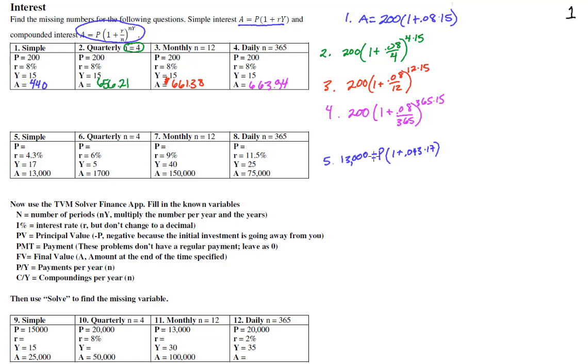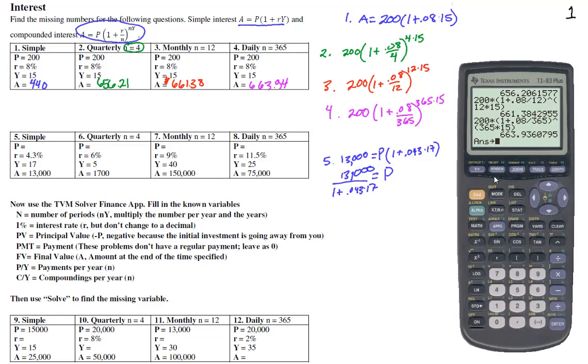And so now we've got to find out what P is, which means in this case we won't be using the calculator, not immediately, not punching it in, but dividing. So P is going to equal this 13,000 divided by 1 plus 0.043 times 17. All right, let's punch that in and see what we get.